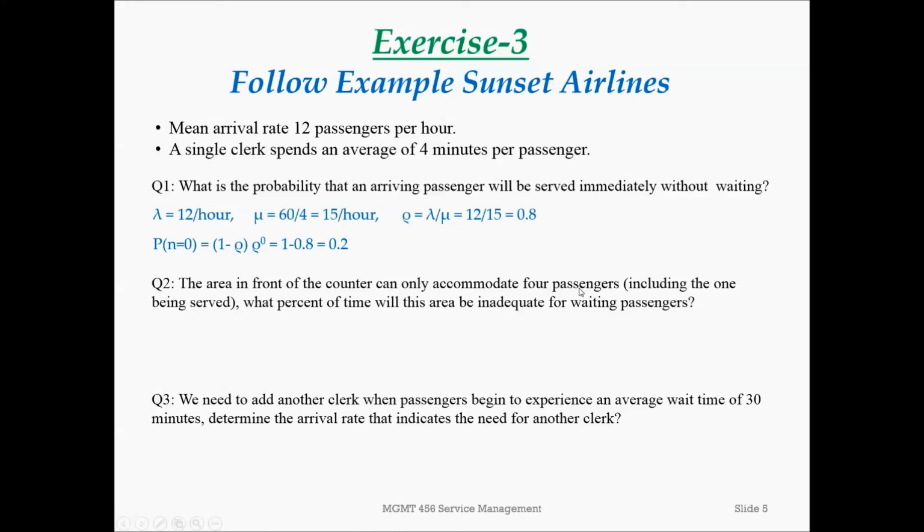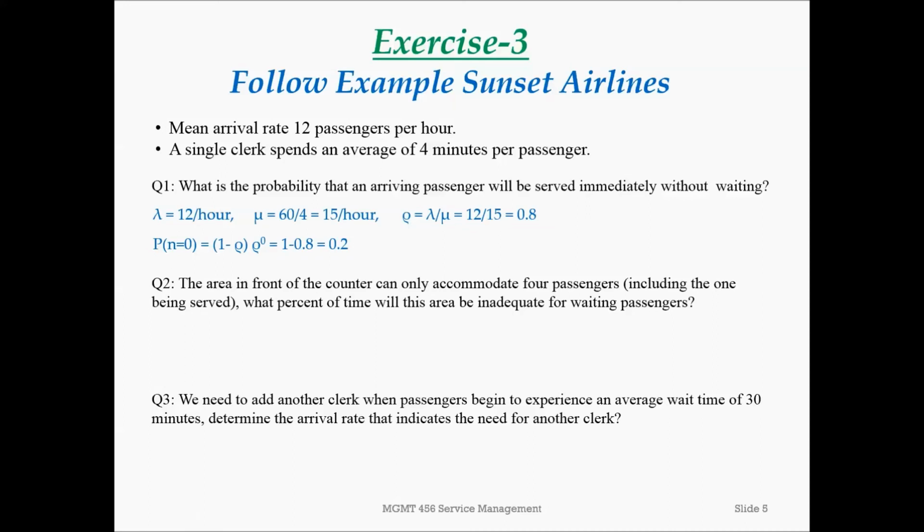So the area can only accommodate 4 passengers. When will the area be inadequate for waiting passengers? Of course, when there are more than 5 passengers, right? Because you only have enough space to serve 4 passengers.